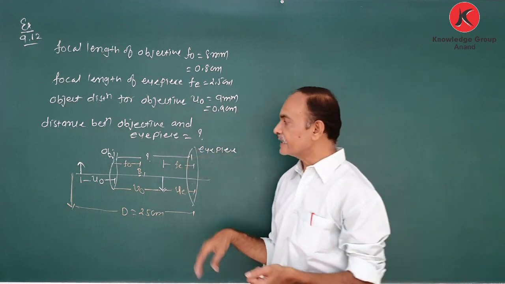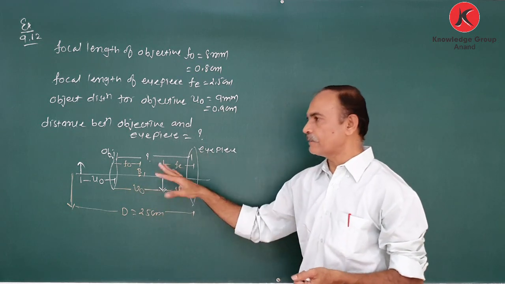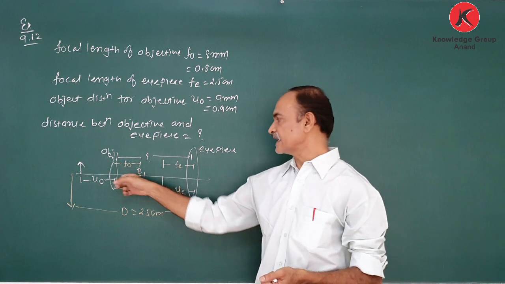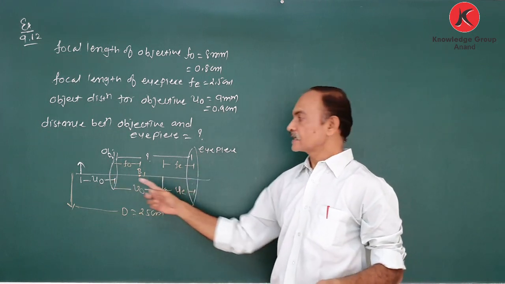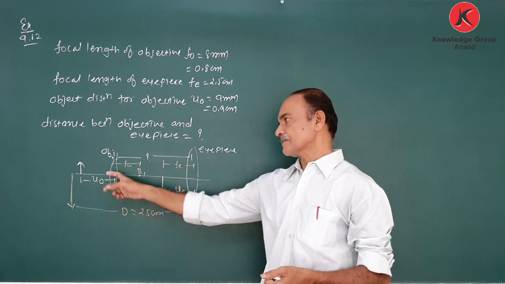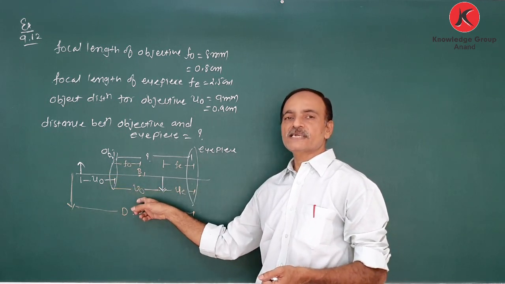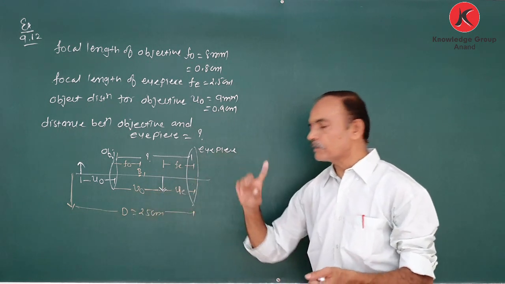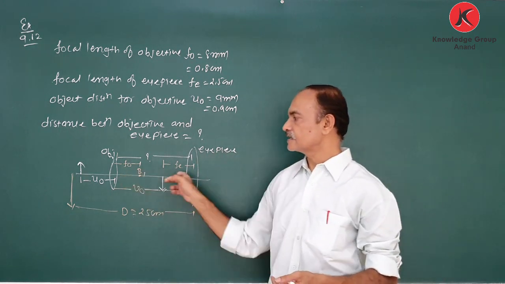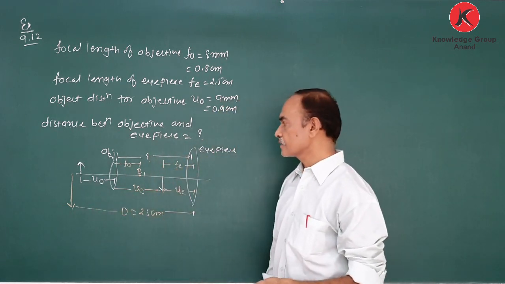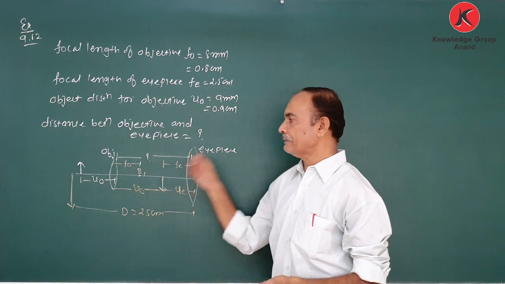So how do we calculate it? For that purpose, we get the idea from the block diagram of compound microscope. There is objective, there is the eyepiece. The distance between the objective and eyepiece is equal to the image distance for objective plus object distance for eyepiece. The addition of V0 plus UE gives this distance. Now U0, F0, FE are known.